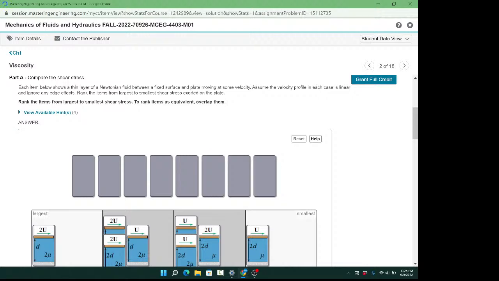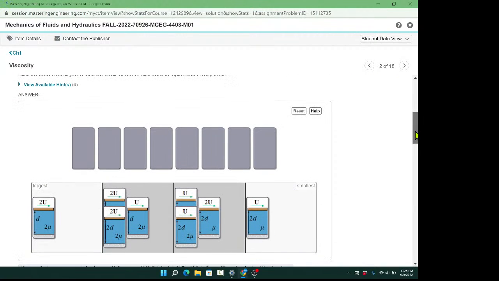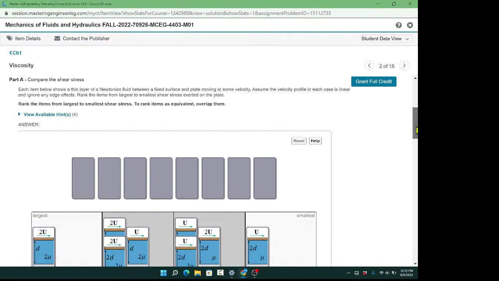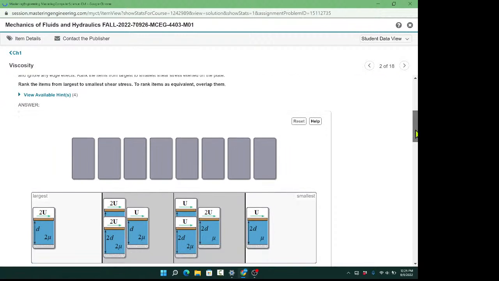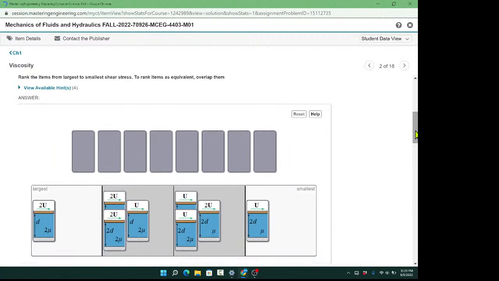So here, let me shrink that thing down. I'll test out that cable in a second. Here, let's see. I don't have my mouse with me. I really didn't come prepared. Largest to smallest? I'm guessing from right to left. Looks like this one's in the way.